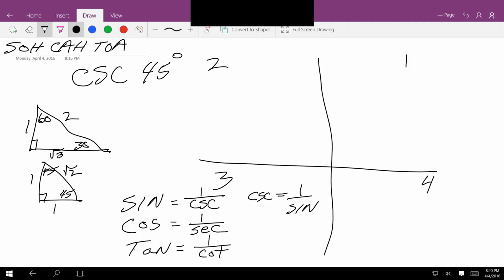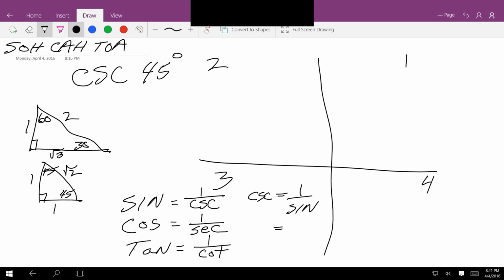So let's figure out the sine of 45 degrees. From my right triangle, what's the sine of 45 degrees based on SOHCAHTOA? It's opposite over hypotenuse, so 1 over 2. 1 over, we're in the bottom triangle?